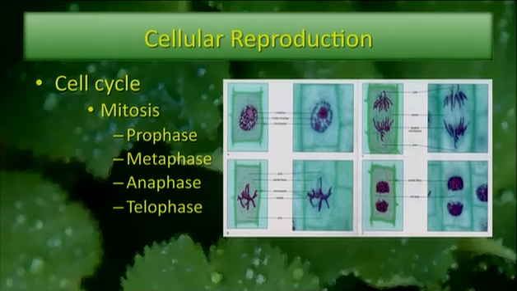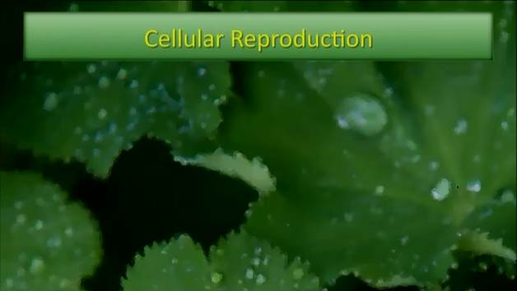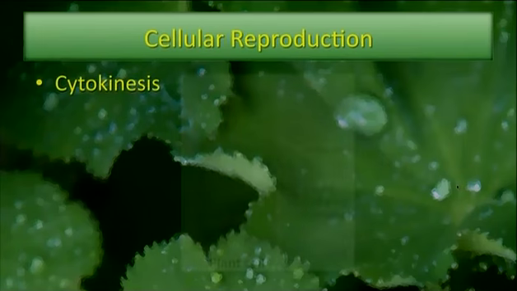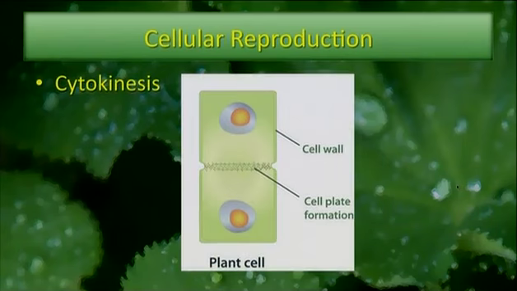Okay, so that's part of mitosis. Okay, then after mitosis, you have something called cytokinesis, which means cell division. Cyto means cell, and kinesis means to cut. Okay, and during cytokinesis, you have the formation of the cell plate, which will divide one cell into two.